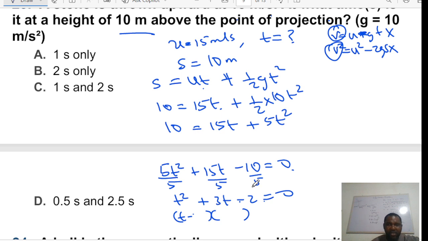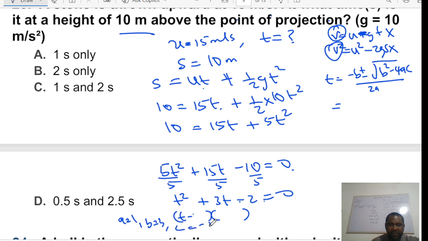So that means we have to use the formula method, which is t is equal to minus b plus or minus square root of b squared minus 4ac over 2a, and the a is 1. You can see from this equation your a is 1, the coefficient of t squared, your b is 3, and your c is negative 2.